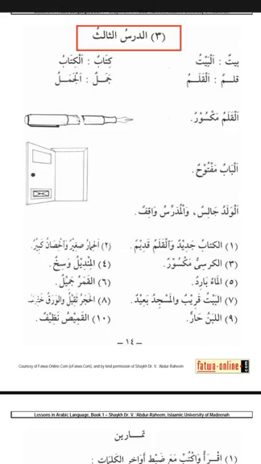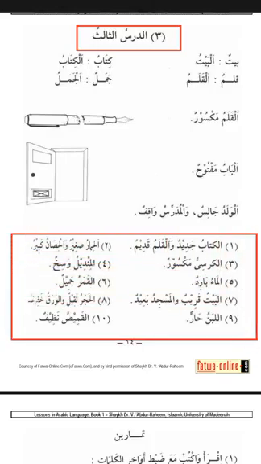Okay, the next one we have al-kitabu jadidun wal-qalamu qadimun. Al-kitabu, the book, jadidun is new. Al-kitabu here is subject, jadidun is predicate. Wal-qalamu, and the pen, qadimun is old.